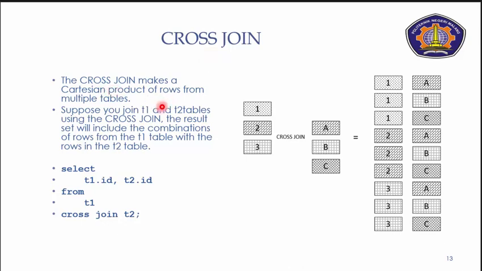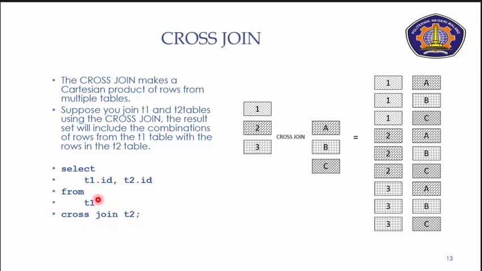Okay, and then this one is cross join. Cross join makes a Cartesian product of rows from multiple tables. For example, we want to join two tables, table T1 and table T2. Using cross join, we can see the combination of both tables. We use this syntax: select T1 ID and T2 ID from table T1 cross join table T2.